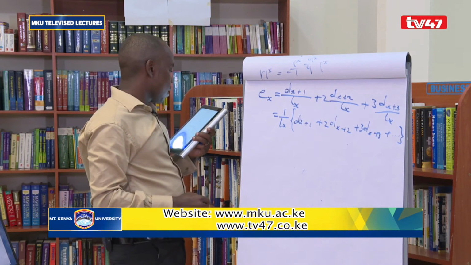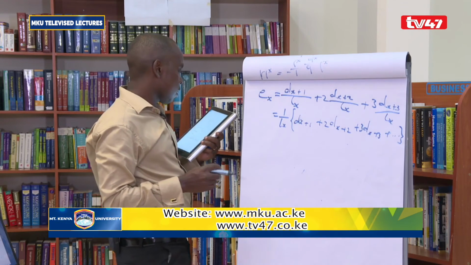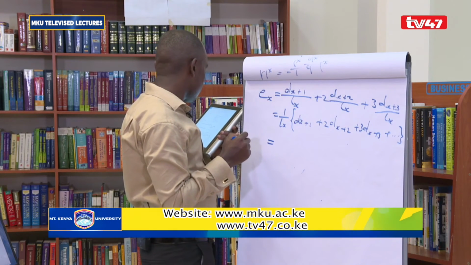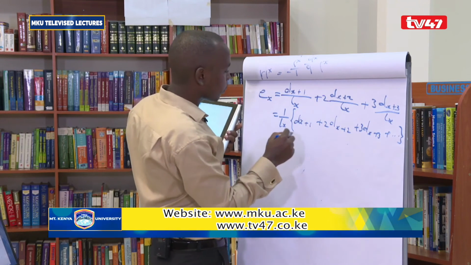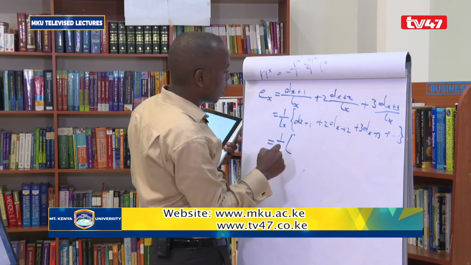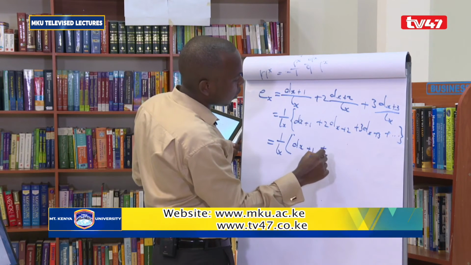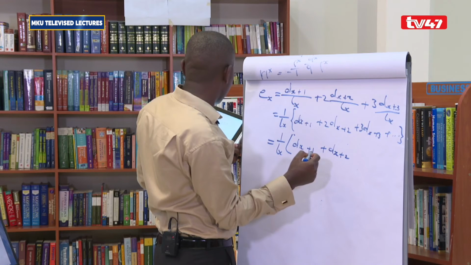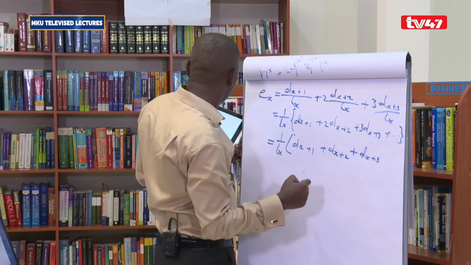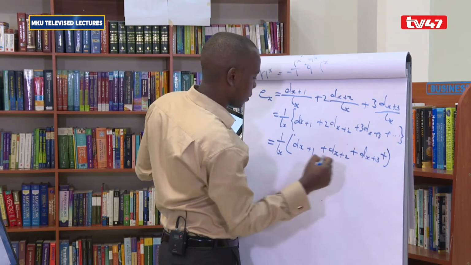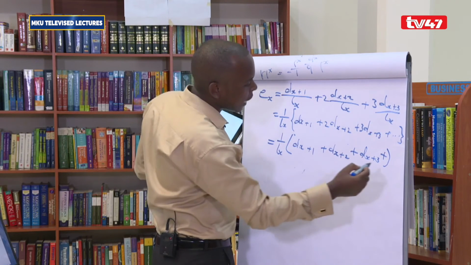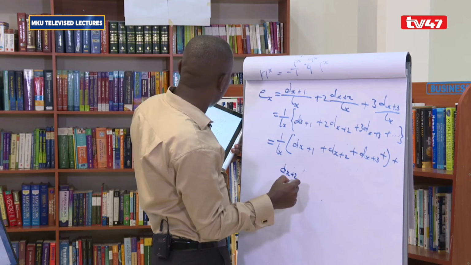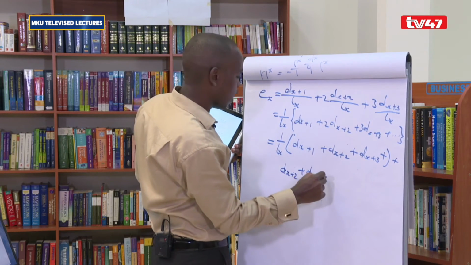Simplifying this, it can be rewritten like this: one over Lx times dx plus 1 plus dx plus 2 plus dx plus 3 plus all the way, and then plus another dx plus 2, plus dx plus 3 plus all the way.